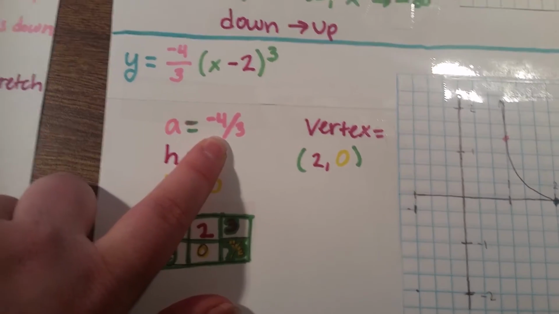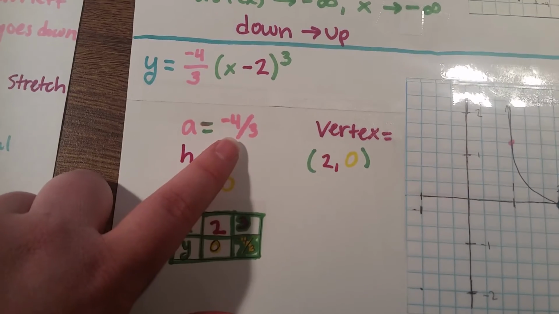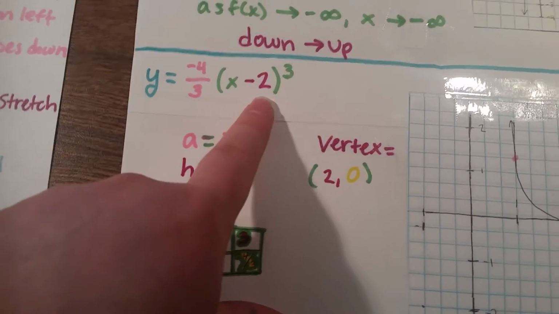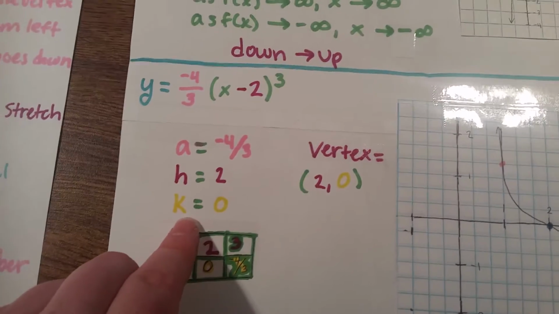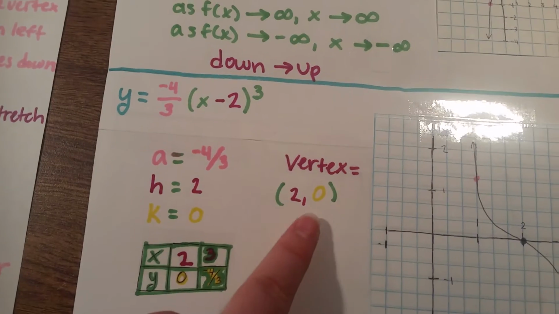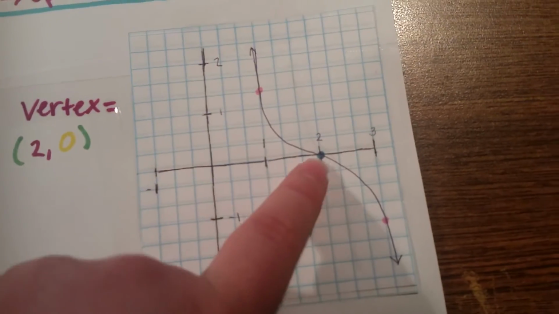We skimmed over it, but I didn't explain it very much. So with this, first we identify h and k. h is 2, because you don't use the negative, and k is 0. Simplified, it's just not there. So the vertex is (2, 0). And there we go, (2, 0).